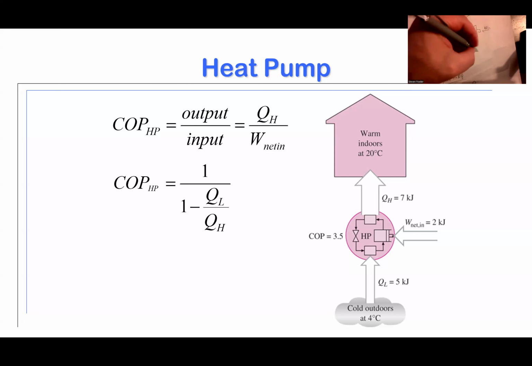As opposed to the refrigerator, where the coefficient of performance, what I want there is QL divided by work in. When I massage that equation, this comes out to be 1 over QH over QL minus 1. But notice for a heat pump, it's the same premise, it's just a different equation, because my numerator is a little bit different on the two.